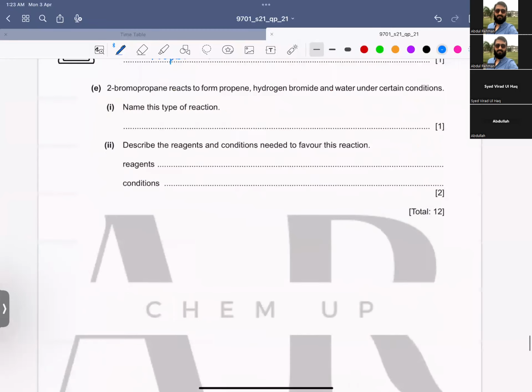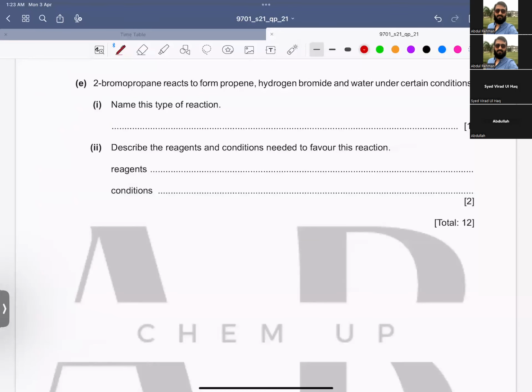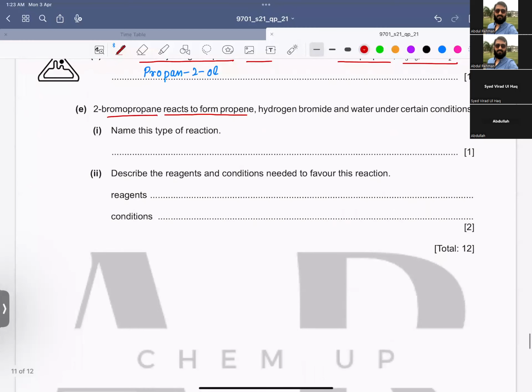Okay. Now, 2-bromopropane reacts to form propene. Which reaction would it be? See, 2-bromopropane. Propane means 3 carbons, and on the second carbon there is a bromine, and here it is converting into propene.